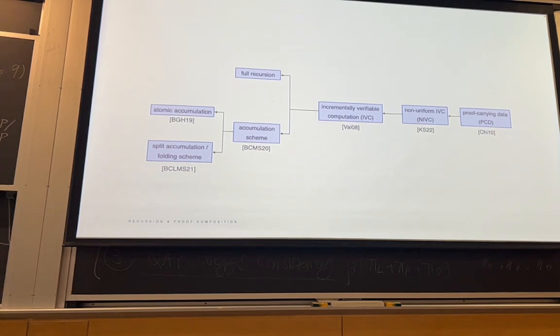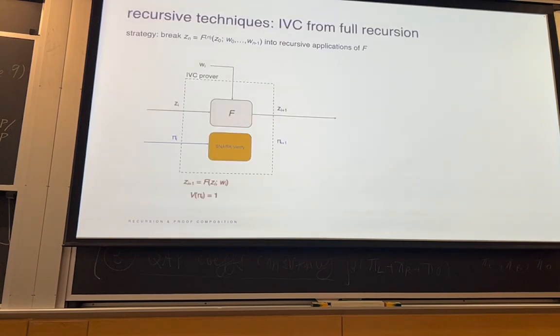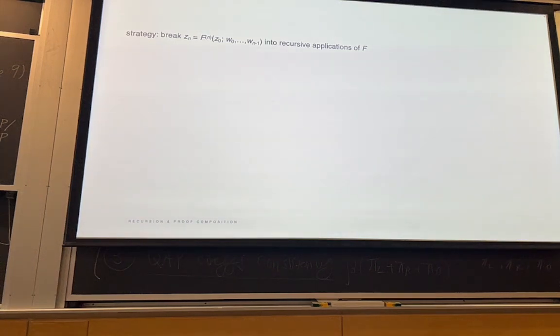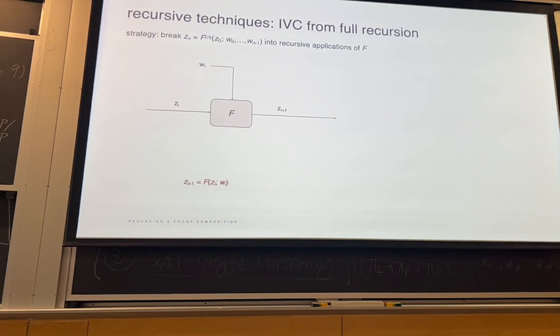And with a smaller verifier, you can achieve full recursion with better concrete performance. So this is how full recursion works. It's pretty mind-bending, but not compared to the later schemes that I'll show you. So let's try and understand full recursion.